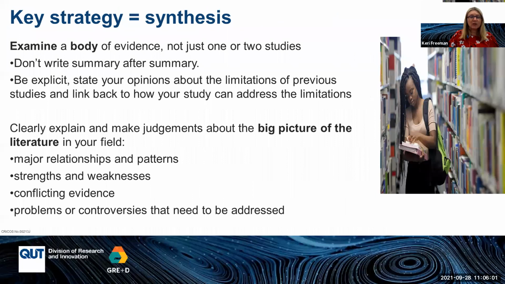So synthesis, we're looking at the body of evidence, not just one or two studies. That's what we were just talking about, so you can discuss multiple studies at once. As we said, you're looking at the relationships, the patterns, the strengths, the weaknesses, any controversies. Make sure, of course, you include all your seminal researchers as well.